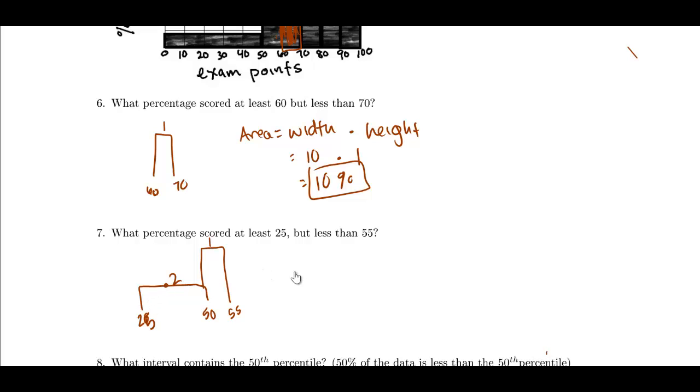So first we have a width of 25 and a height of 0.2, and then we add on our width of 5 times our height of 1, and so this gives me, again, 10%. So you can get very creative in these questions. Again, all we're really doing is finding areas. Width times height gives us areas.